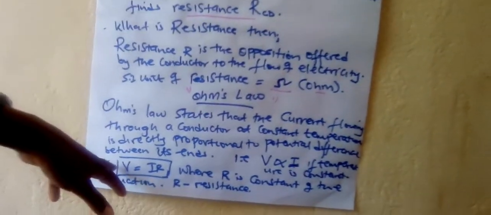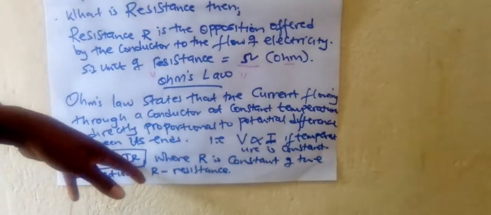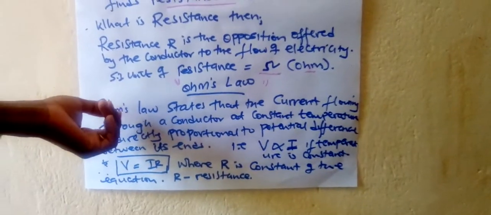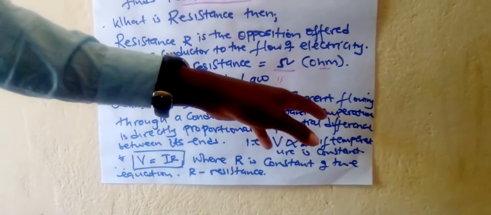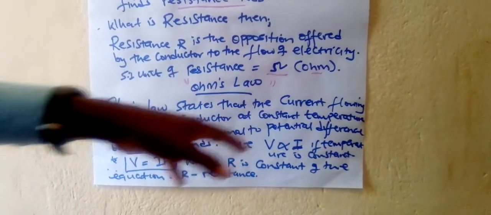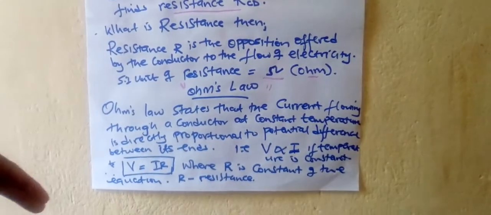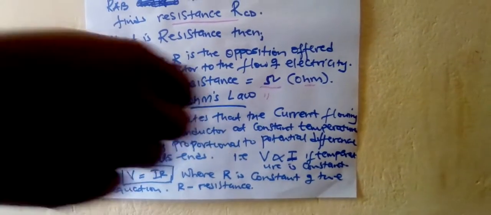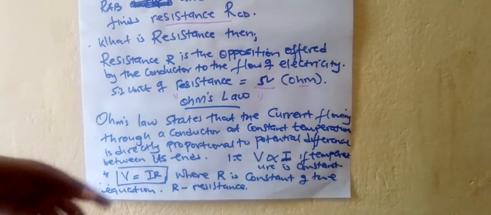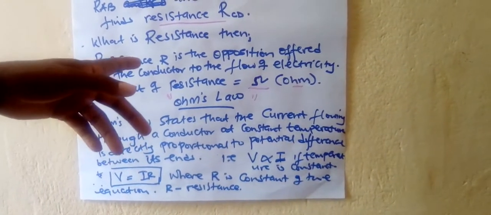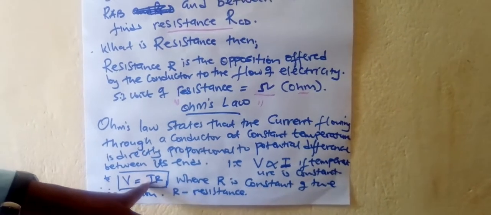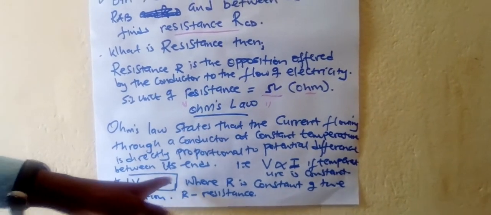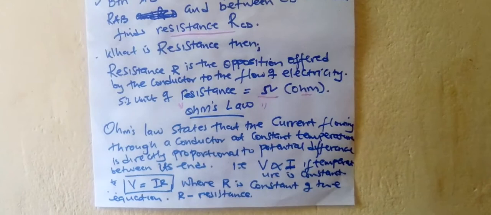Ohm derived this statement: if current is flowing through a conductor at a constant temperature, then the potential difference is directly proportional to the current, provided the temperature is constant.